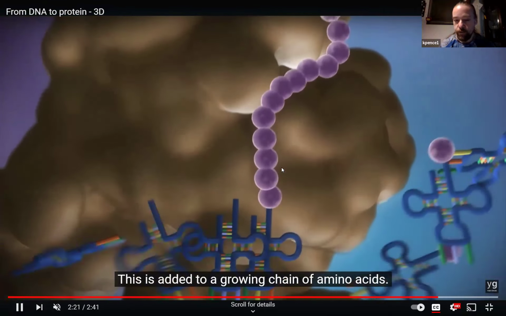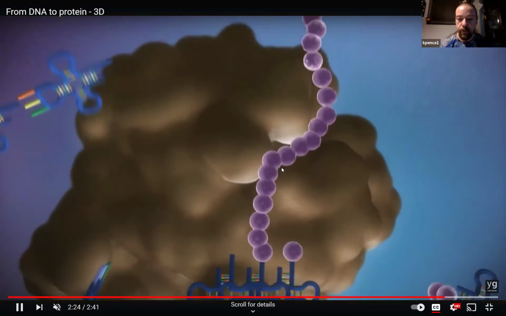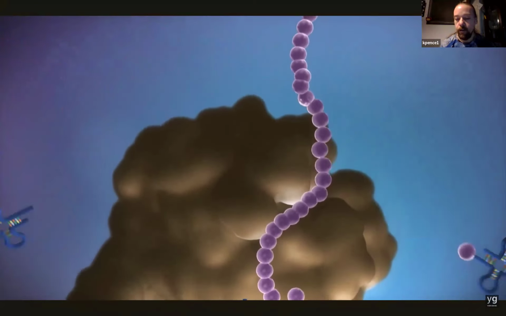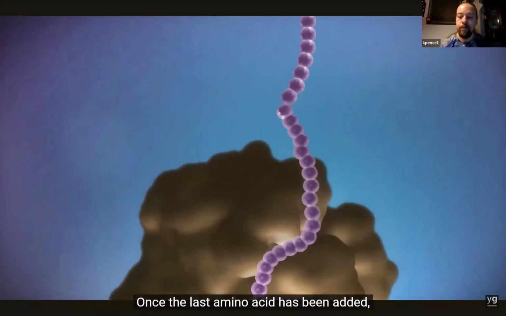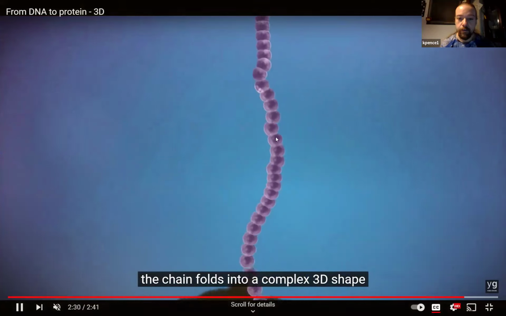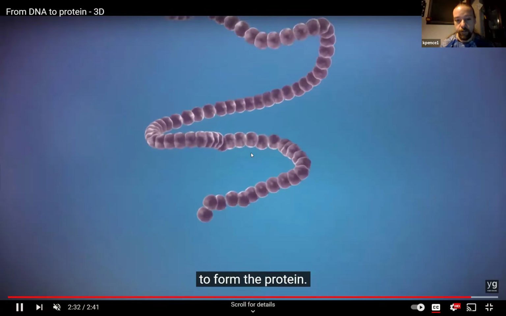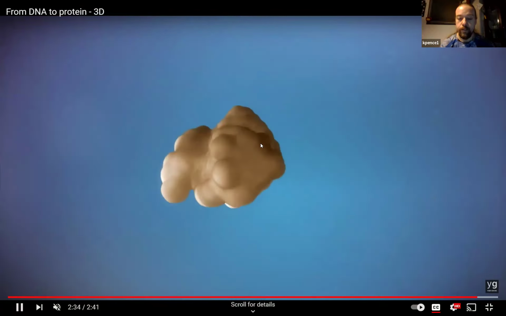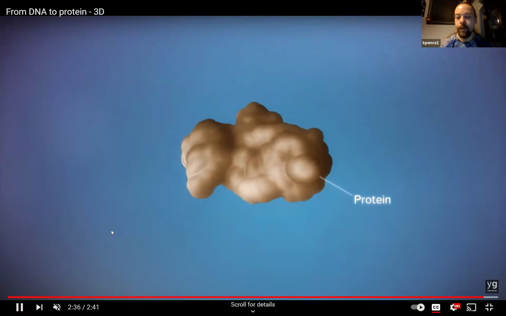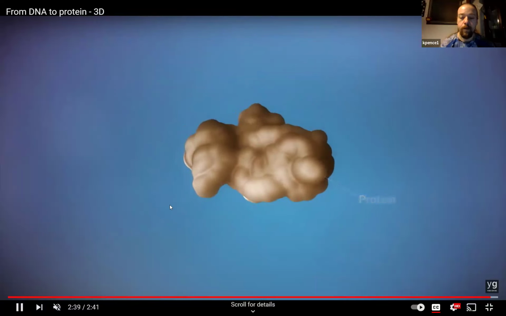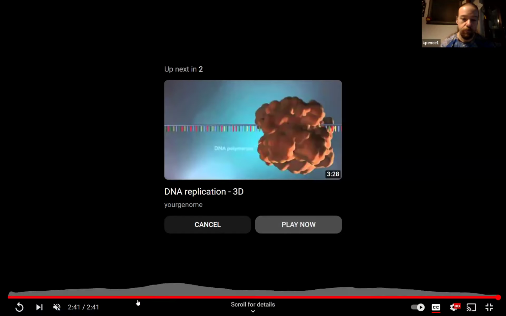All the amino acids are used for the protein. And then when it's done, everything unbinds. It lets go of everything. And then this long linear strand folds over, and then there's the working protein. So your cells are doing this right now. You do this thousands of times a day to make specific types of proteins.